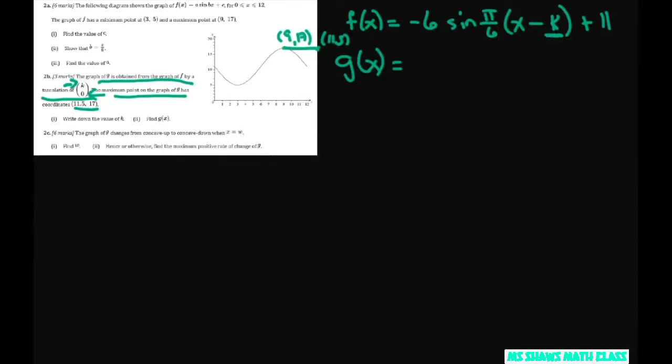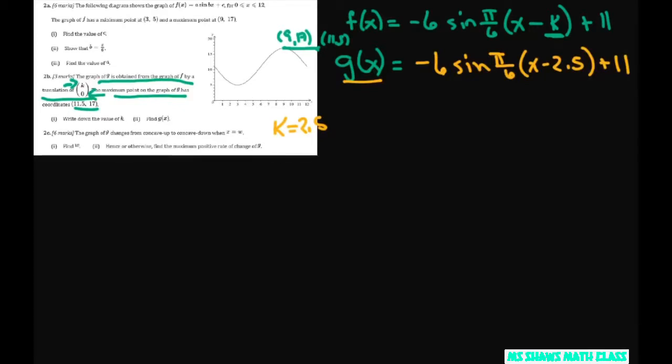So your K is 2.5. So our K equals 2.5. So your G of X new equation is negative 6 sine of pi divided by 6 times X minus 2.5 plus 11. All right, so there's that.